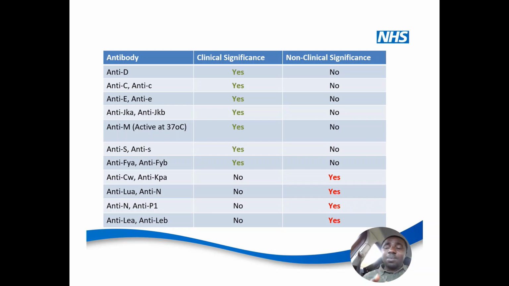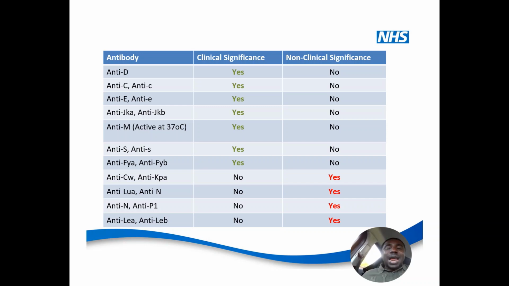Most of the red blood cells are going to have those antigens negative. Those ones cannot be regarded as clinically significant antibody. So I don't want us to worry so much about why is this one clinically significant and the other one is non-clinically significant. It's just based on the probability of seeing them. What it means is that most of the red cells you are going to give, even if the patient has that antibody, most of the red cells you are going to get will have that antigen negative. So they are non-clinically significant.